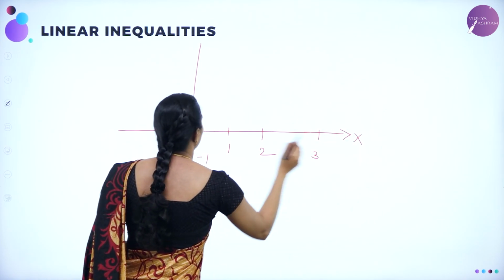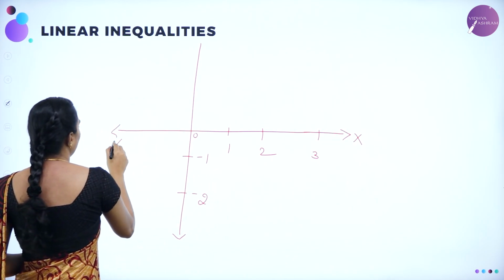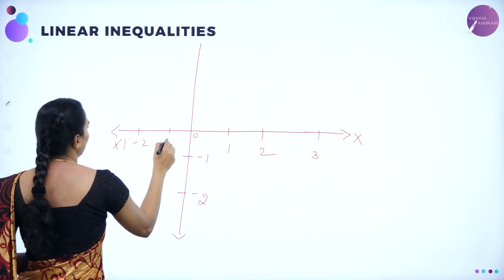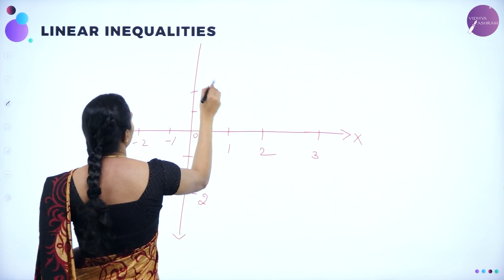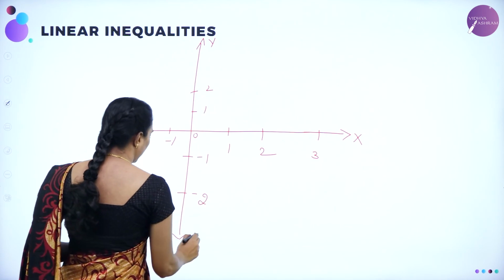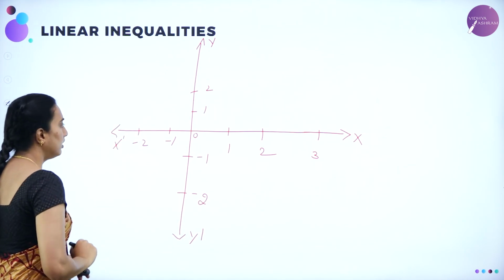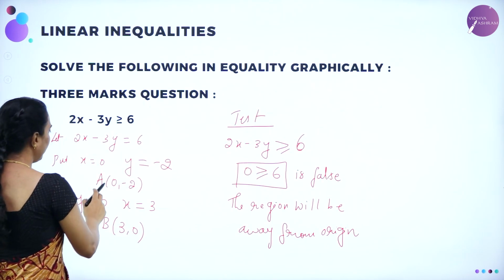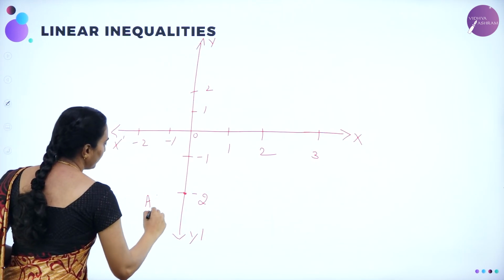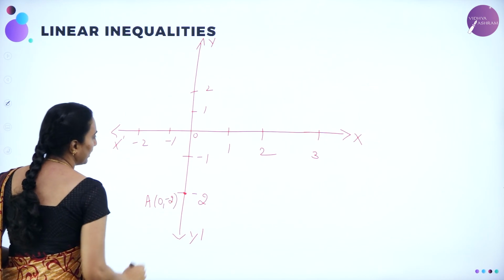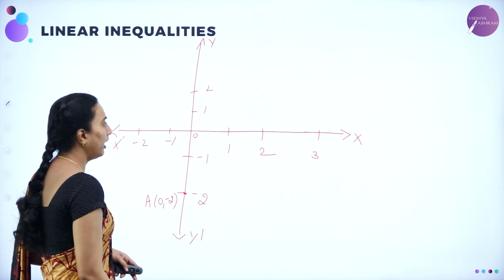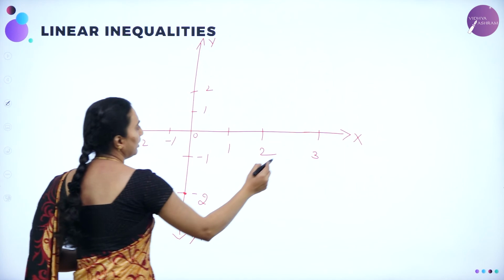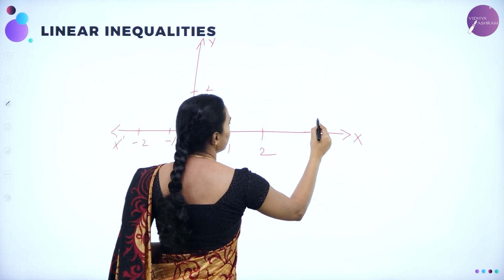This is x and then origin, this is x dash, you can have -2 and -1, 1 and 2, this is y and y dash. Now you mark the points. A of (0, -2) will come on the y-axis below the origin, and then B of (3, 0) will come on the x-axis right-hand side of the origin.